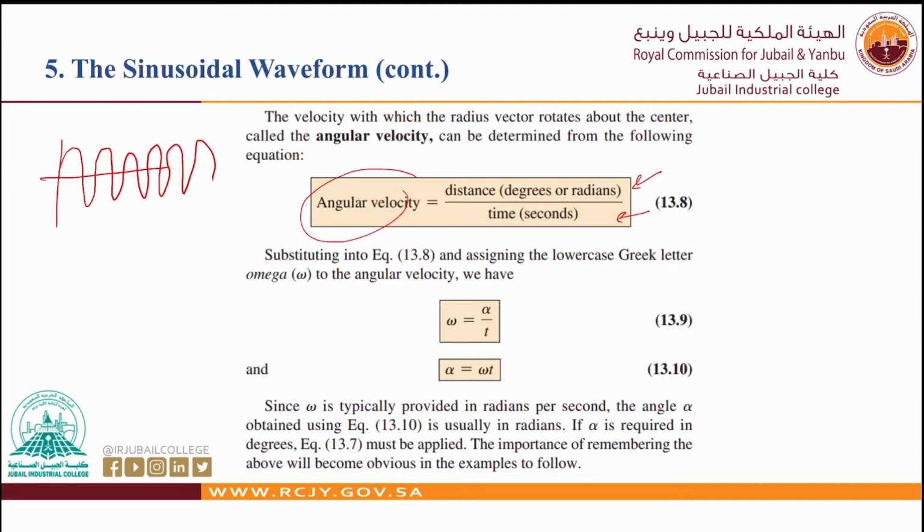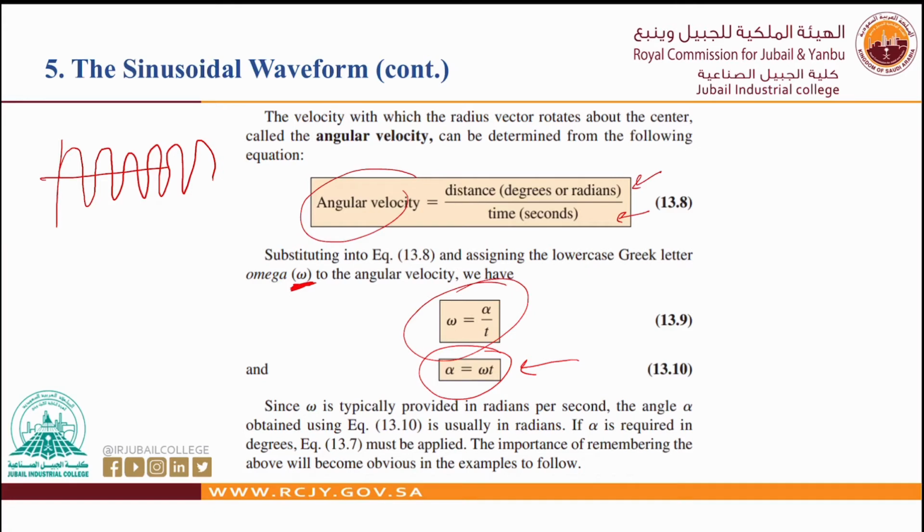This is how to write the symbol of the angular velocity. Since omega is typically provided in radians per second, the angle alpha obtained using 13.10 is usually in radians.